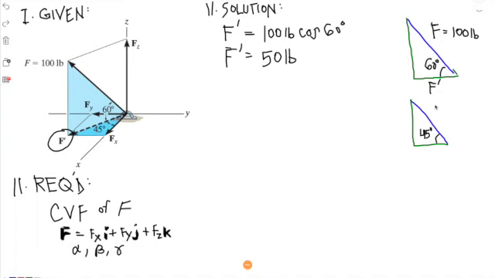So our hypotenuse is F prime, which is 50 pounds. And we are looking for Fx and Fy.